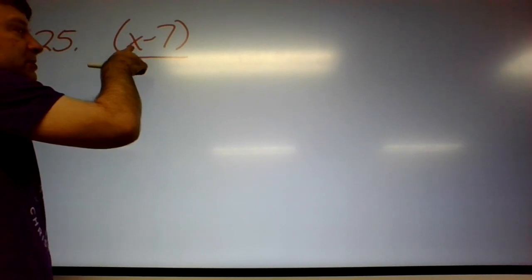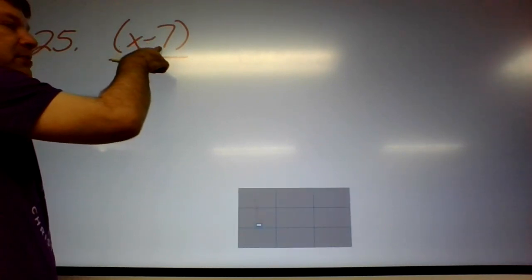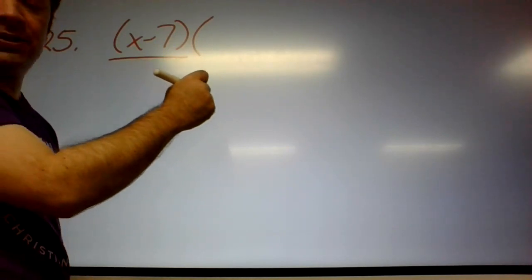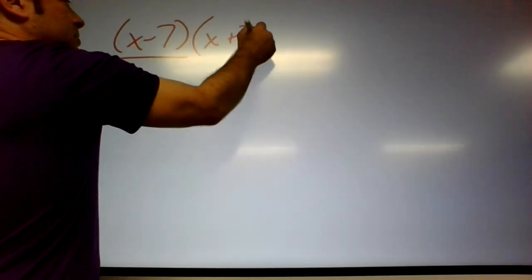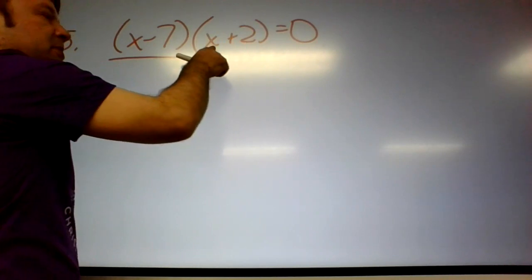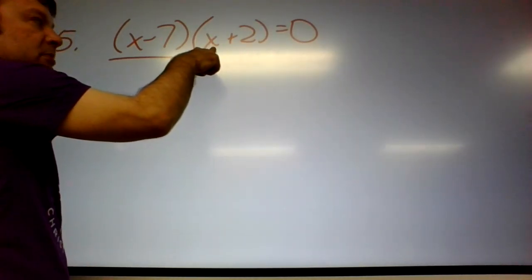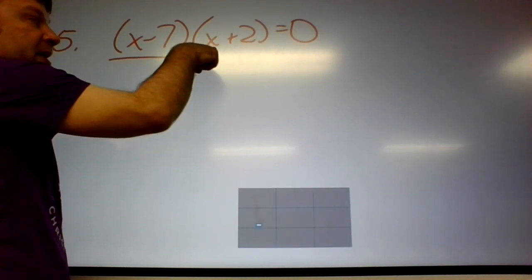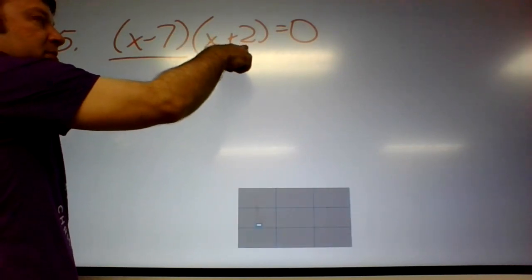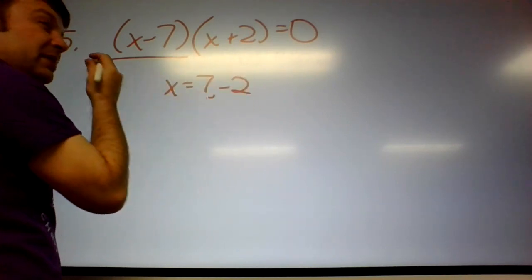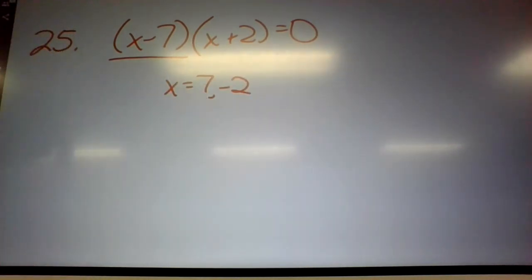Just 7. Good. So it's like 7 minus 7 equals 0. Okay, so the other one said x plus 2. What could go right there to make it equal 0? Negative 2 plus 2 is 0. So, 7 or negative 2.